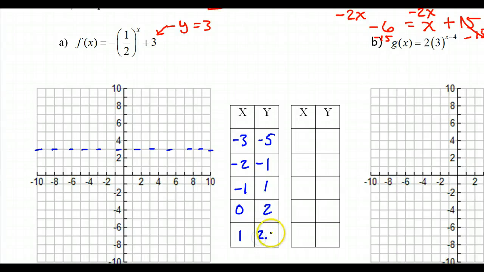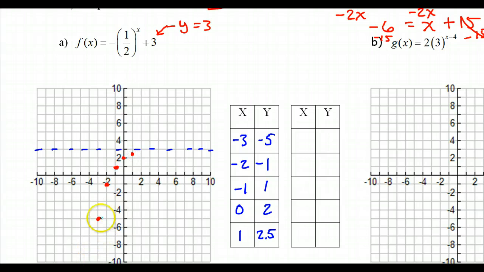So this is 2.5. Alright, let's go ahead and graph these values and see how the curve looks. So negative 3, negative 5 would be here. So here's negative 3, comma, negative 5. Negative 2, negative 1. Negative 1, comma 1, 0, comma 2, and 1, comma 2.5.